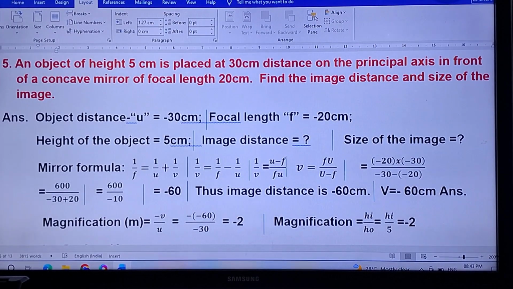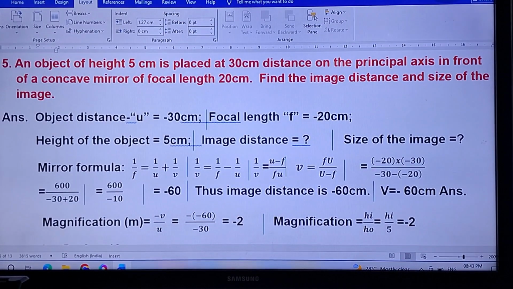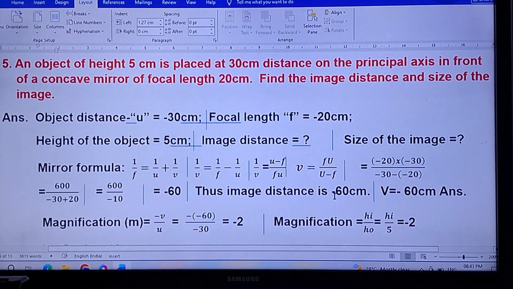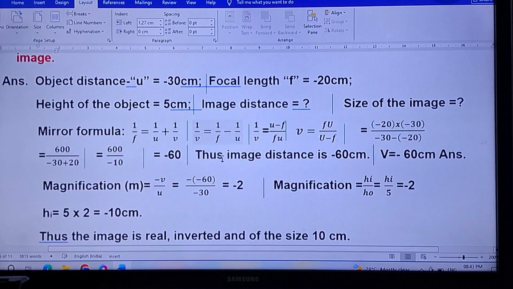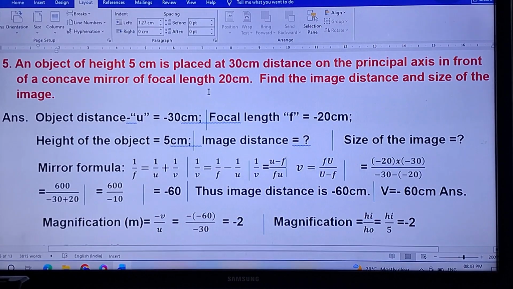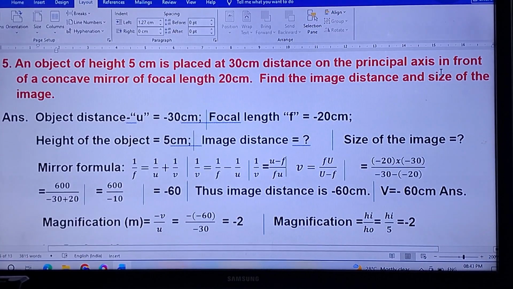So in the 6 marks questions, 4 questions I have discussed. Now I am doing the fifth question. The fifth question is as follows. An object of height 5 centimeters is placed at 30 centimeters distance on the principal axis in front of a concave mirror of focal length 20 centimeters.